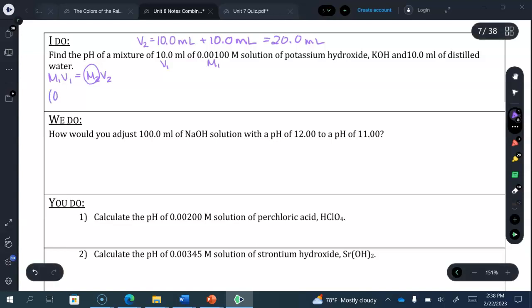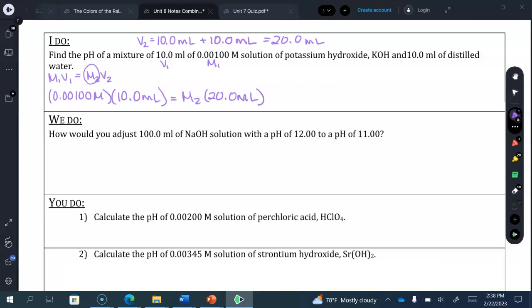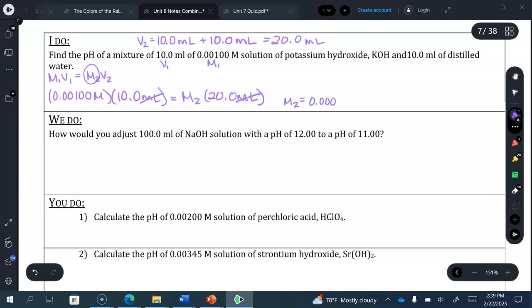So substituting in what we know, we don't have to convert the volume quantities to liters, because the 2 volumes are in the same unit, so it technically cancels out. And you are left with a molarity of 0.000500 molar potassium hydroxide solution.